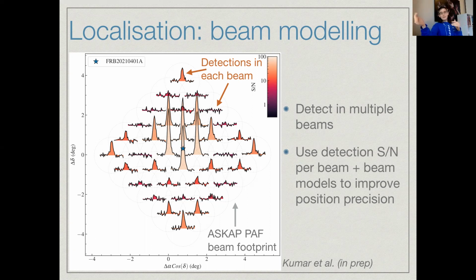CHIME and ASKAP in its incoherent submode both do this, for example. And I'll just note as well that the figure here does show an extreme case of a super bright burst from a repeater detection with ASKAP, so normally you wouldn't see it in so many beams.